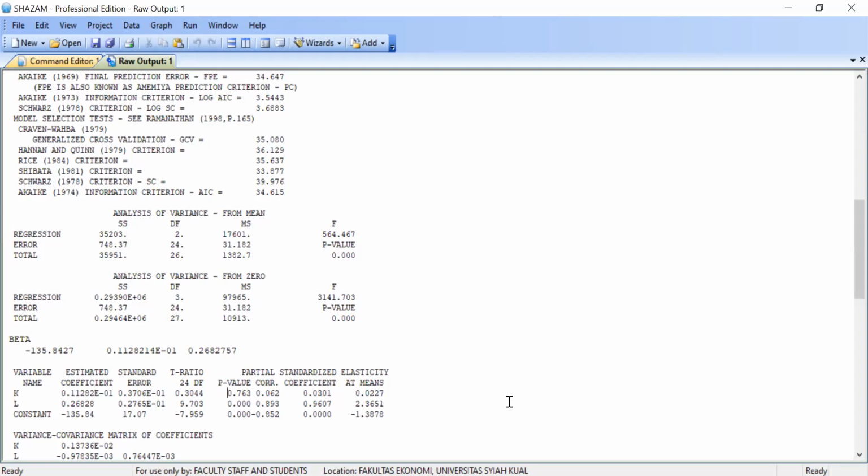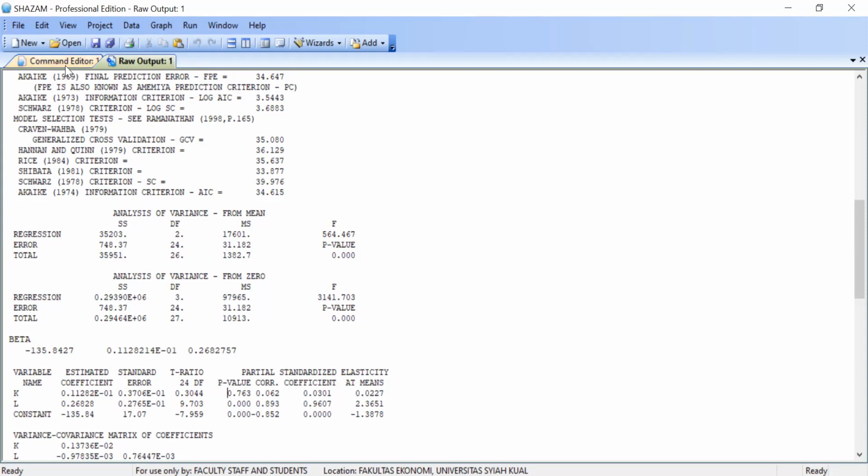Okay, sometimes we need to transform the data into logarithm in order to get the best estimated results of the equation.